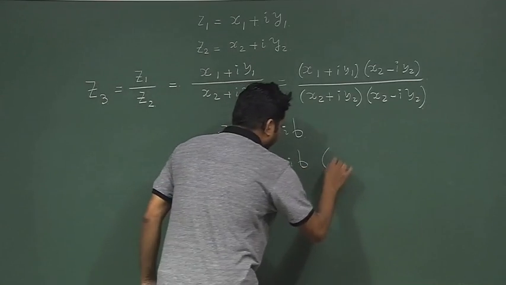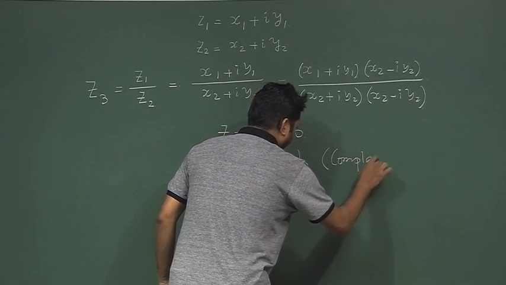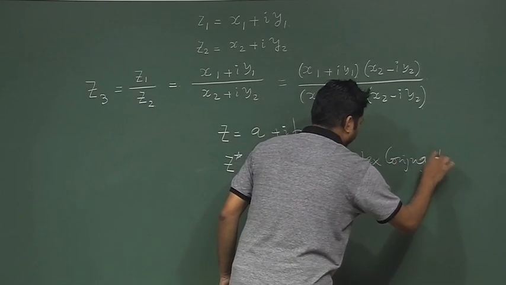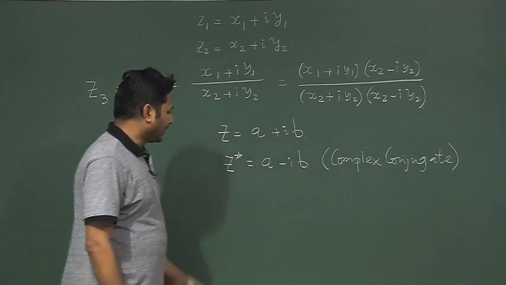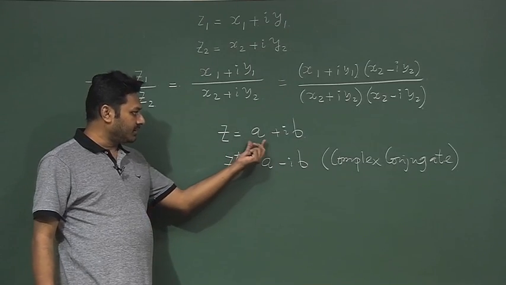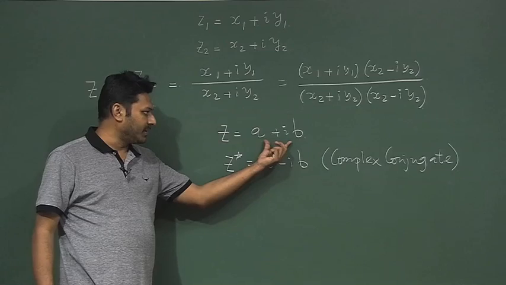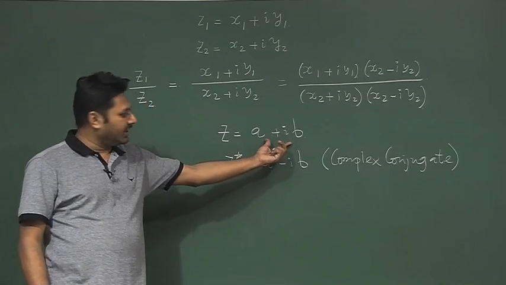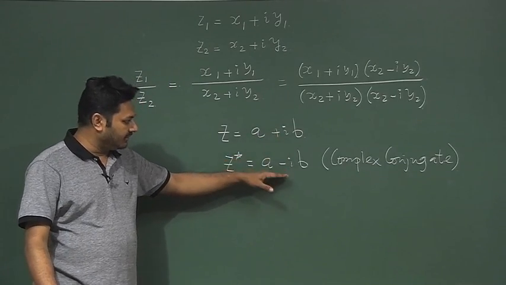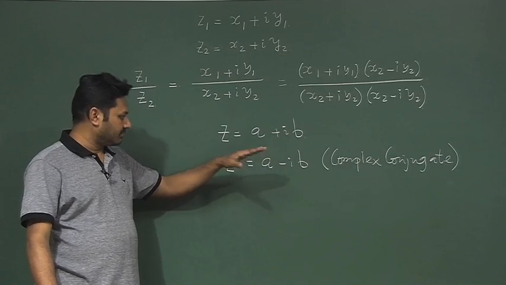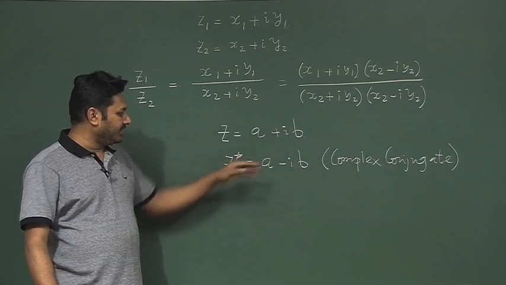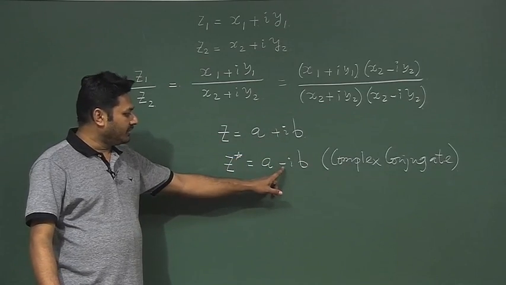So, every complex number has a complex conjugate, because every complex number can be represented in the form a plus ib, and then we have another quantity a minus ib. I will come to the geometrical significance of these two numbers later, but let us first understand the meaning. By definition, when I take a complex conjugate, i becomes minus i.